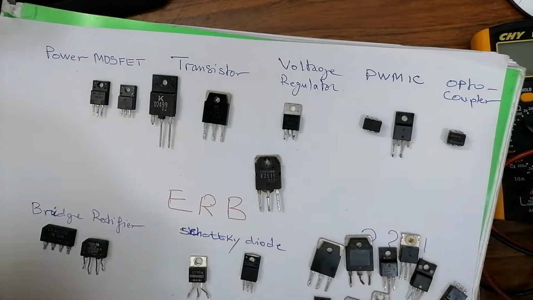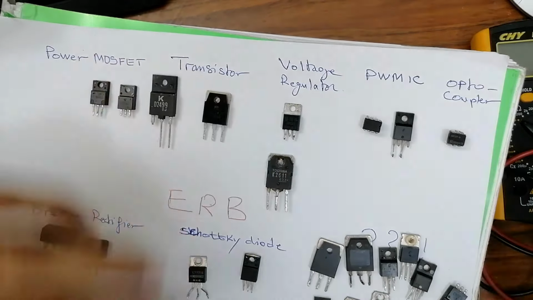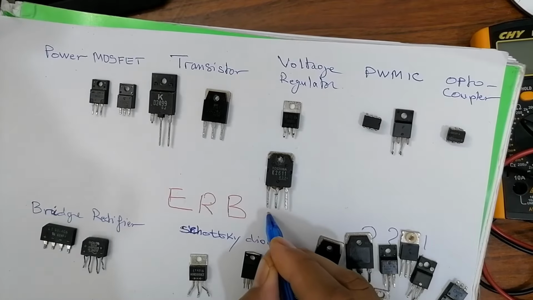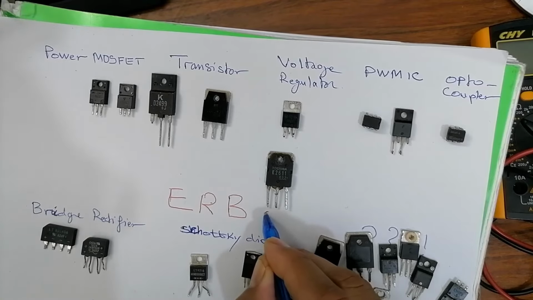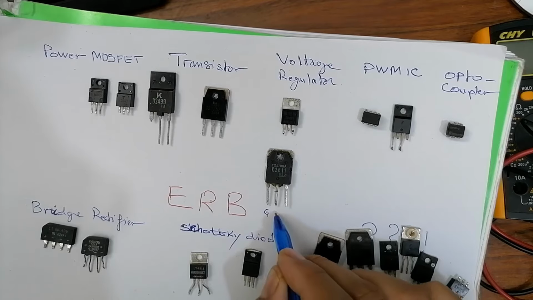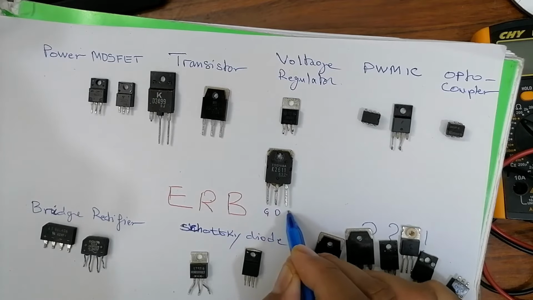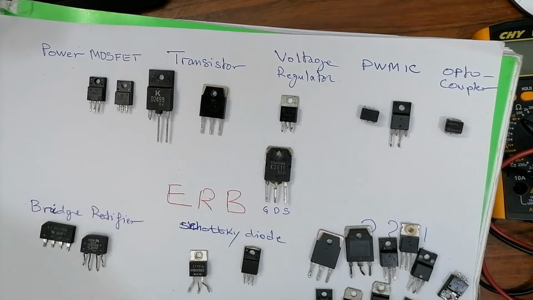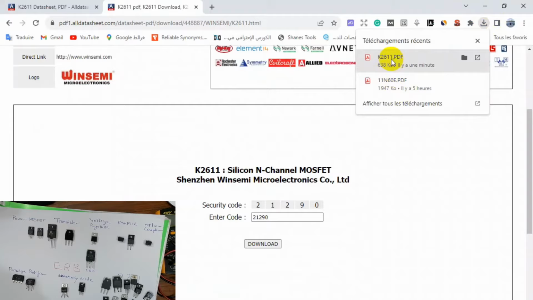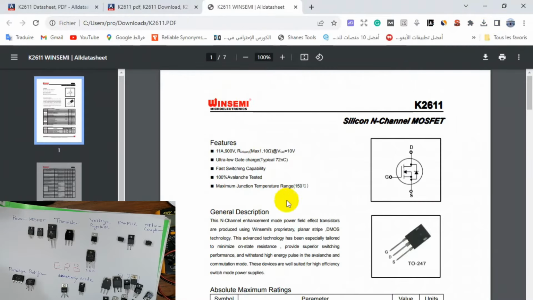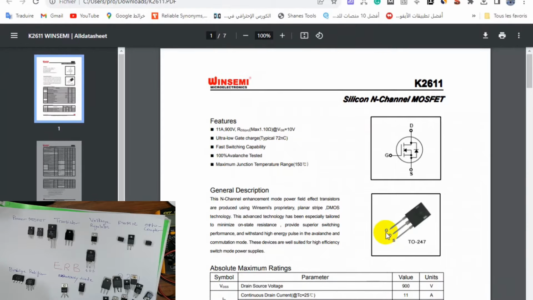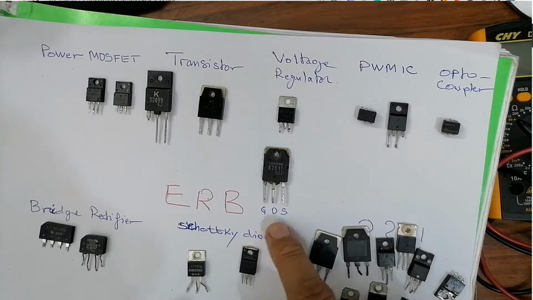Because this is the MOSFET, here we have the gate, here we have the drain, and here we have the source. If we go to the file, we have gate, drain, source.